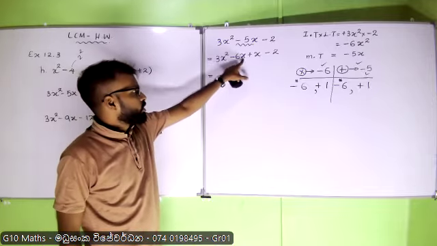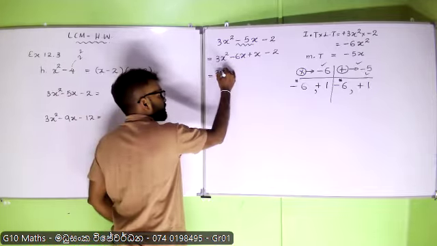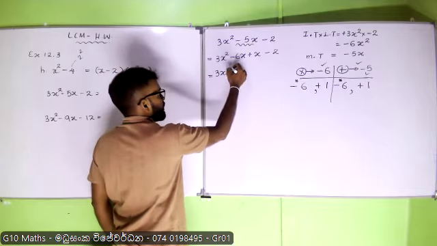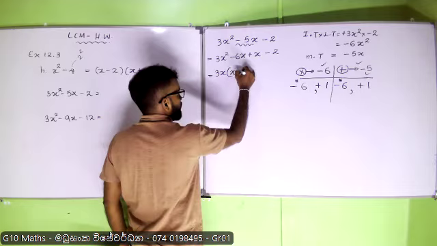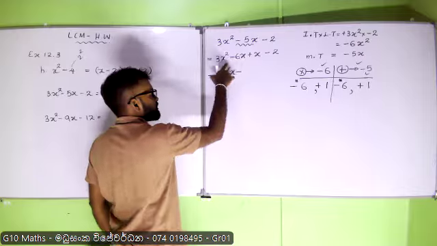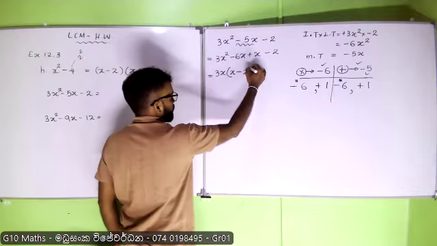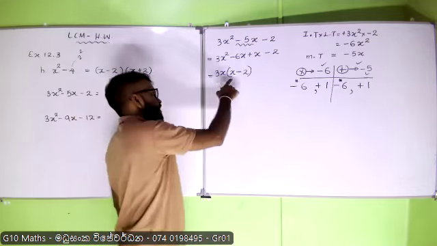And x is also a common factor, so take out 3x from the bracket. If you take 3x out from here, the remaining term is x inside the bracket. And here you have negative sign, and here you have 6 divided by 3, 2. And x has been already taken out. So x minus 2.